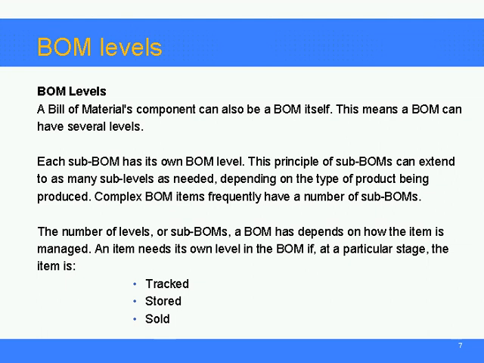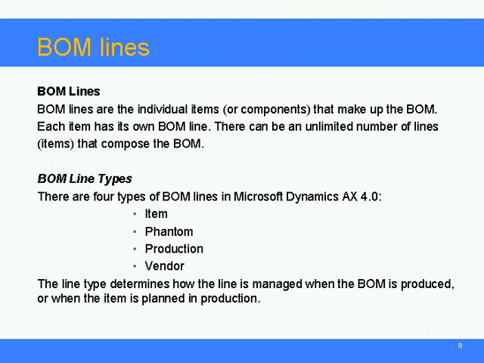Complex BOM items frequently have a number of sub-BOMs. The number of levels or sub-BOMs a BOM has depends on how the item is managed. An item needs its own level in the BOM if at a particular stage the item is pressed, stirred, or sold.